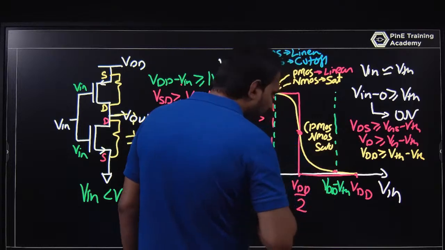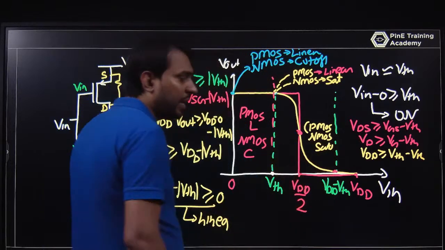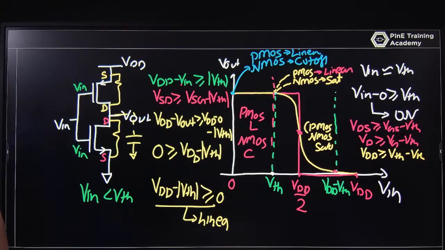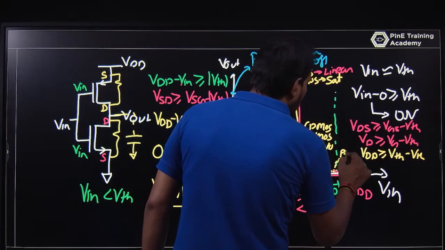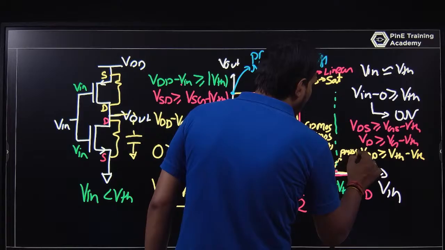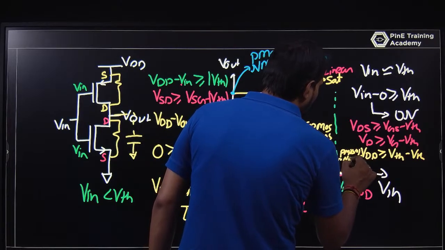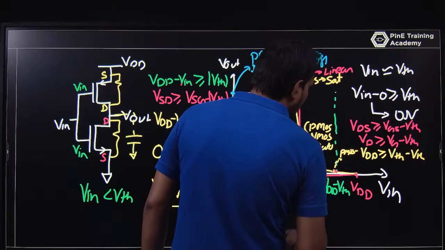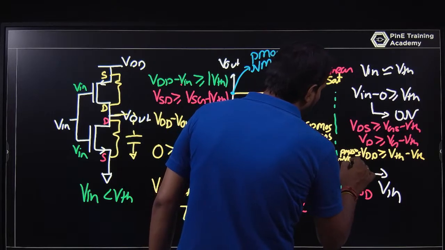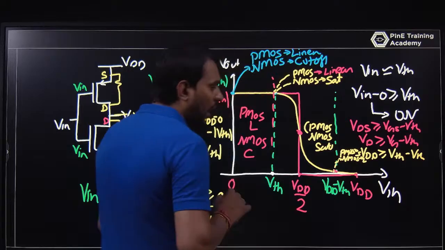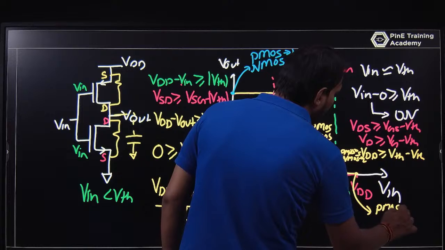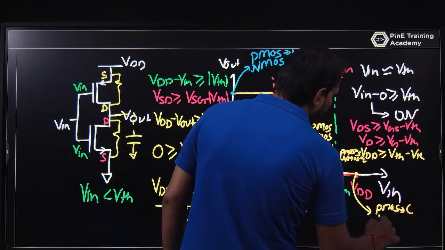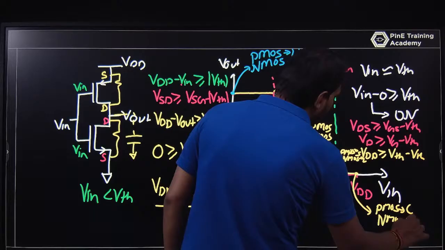You can check it. After that, you will find PMOS in saturation and NMOS in linear. Lastly, you will find PMOS in cutoff and NMOS in linear. Just check it.